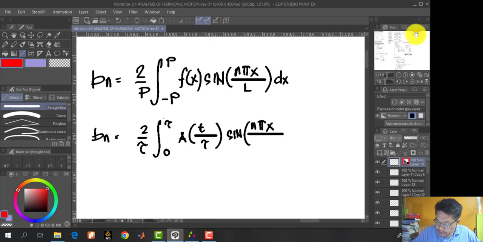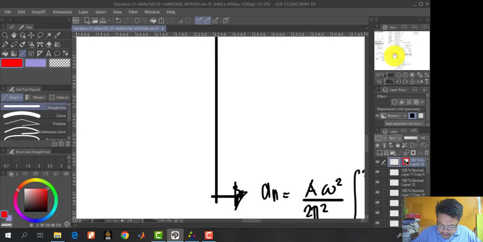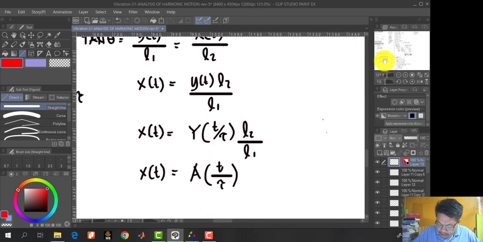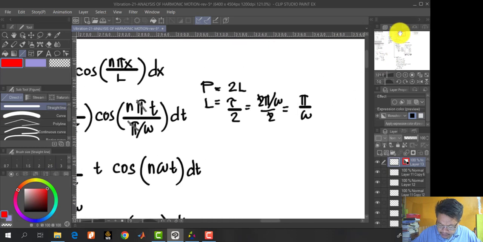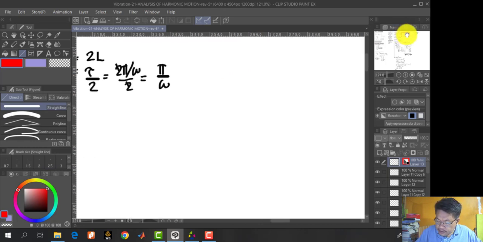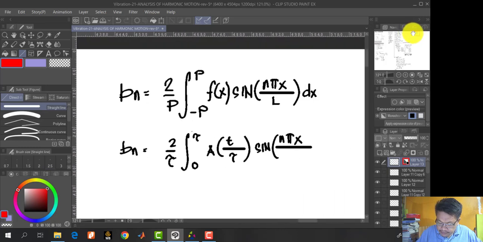Now for the value of L, let's go back to the previous one, this one. For the value of L, that will be this one. And substituting the value, we arrive at pi over your angular velocity. So let's substitute that.